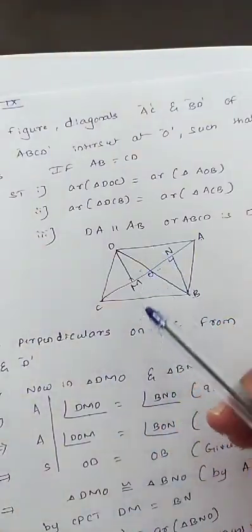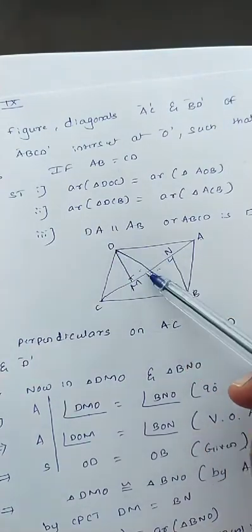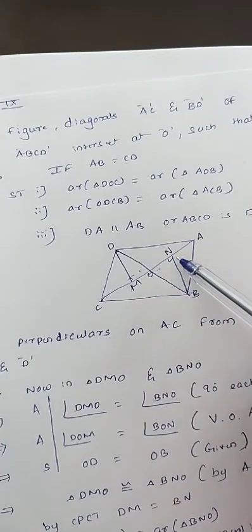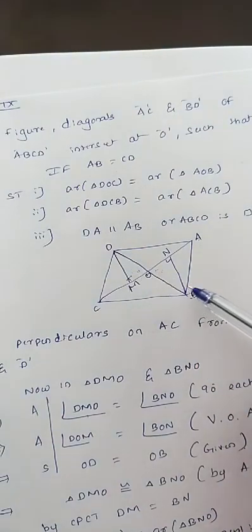So see your first step here. First we have to show that angle DMO is equal to angle BNO because both are 90 degrees each, and angle DOM is equal to angle BON because both are vertically opposite angles, and OD is equal to OB, which is given.